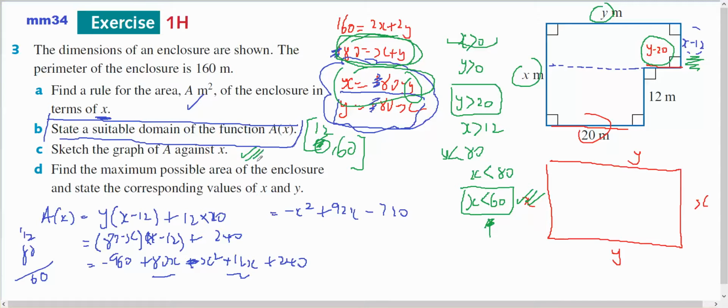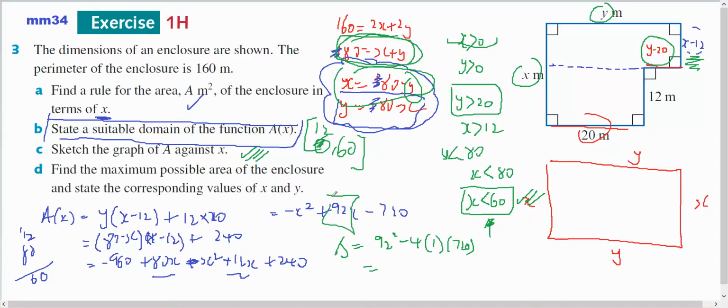Sketch the graph of A against x. Oh golly, this isn't something to do by hand. I know my discriminant's going to be 92 squared minus 4 times minus 1 times minus 720. That's not nice.